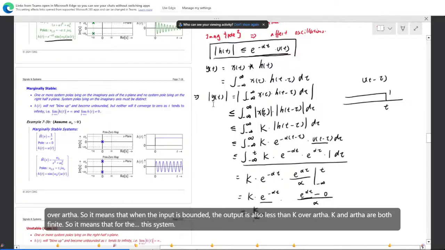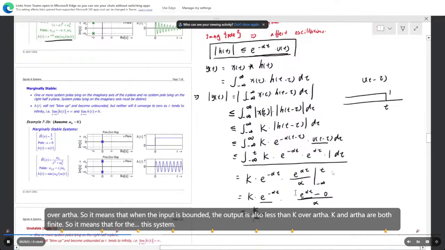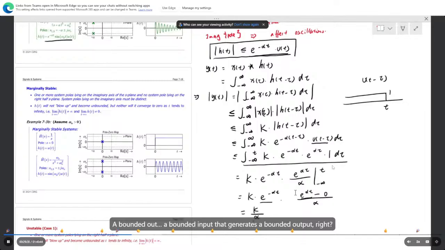So it means that when the input is bounded, the output is also less than k over alpha. K and alpha are both finite. So it means that for this system, a bounded input will generate a bounded output, right?